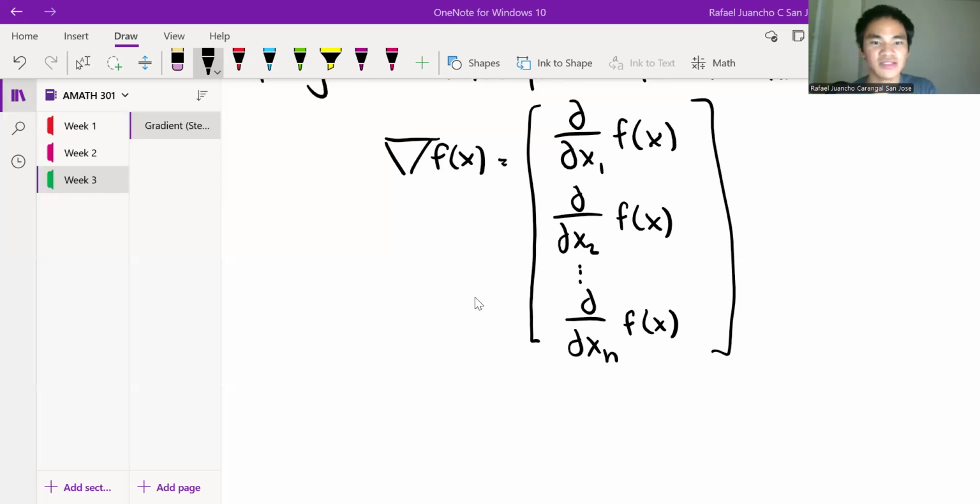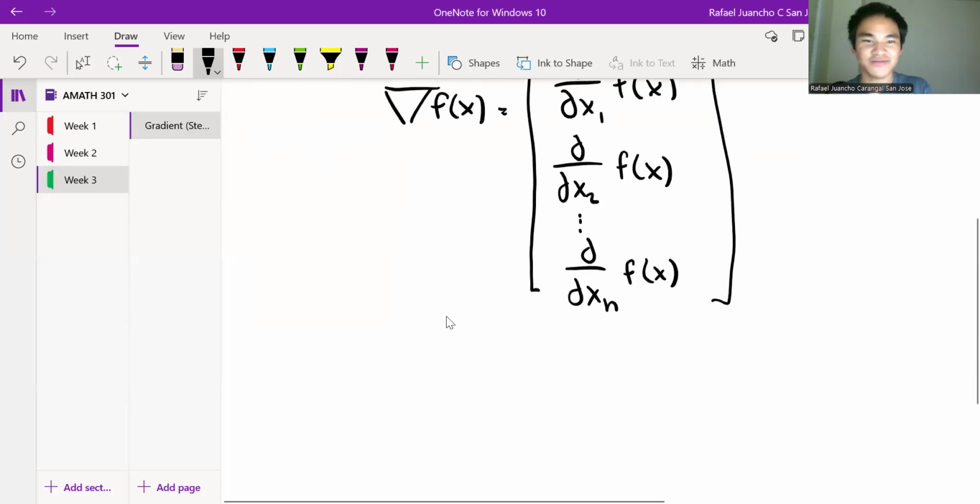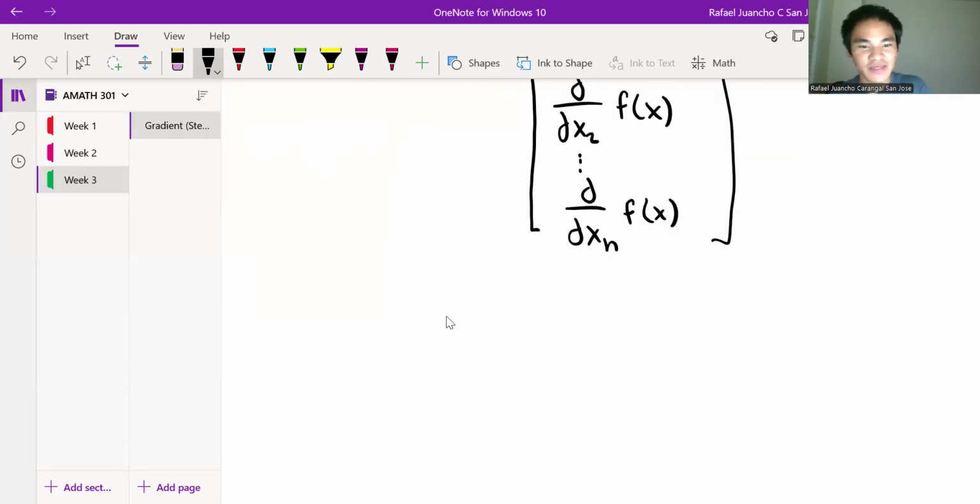And so the gradient is a standard quantity from vector calculus that produces a vector field that points in the direction of greatest increase of the function f of x. Let me actually write that down, that's important.